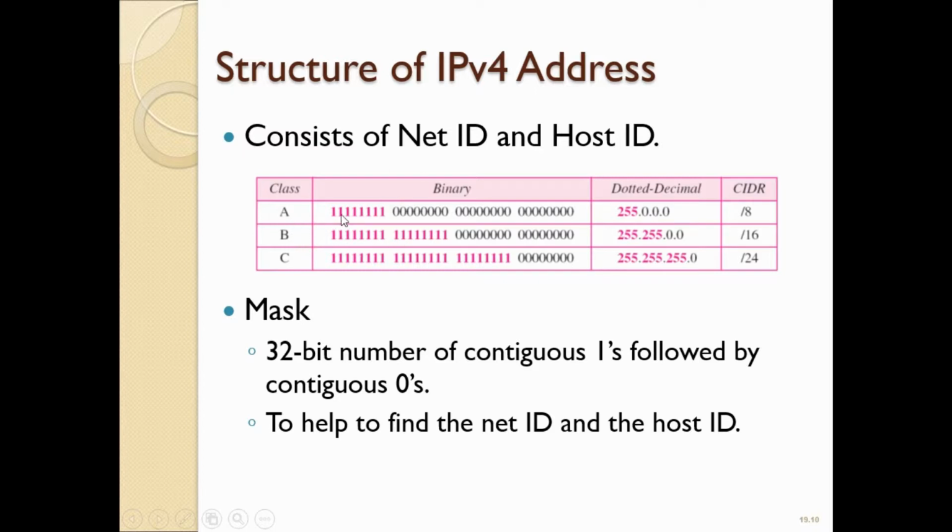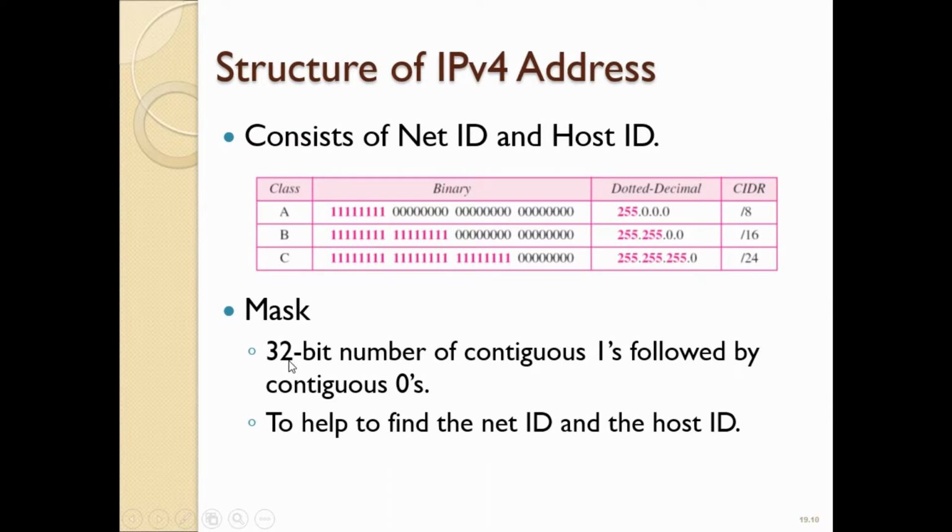For class A, the first 8 bits are assigned 1 and the rest are 0, so the first 8 bits are considered the net ID and the remaining bits are the host ID for the given address. For class B, the first 16 bits need to be 1, the rest are the host ID. Class C, the first 24 bits, meaning the 3 octets, need to be completely 1.